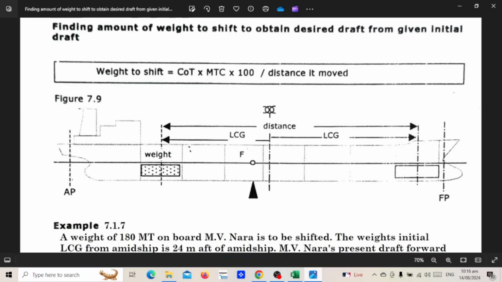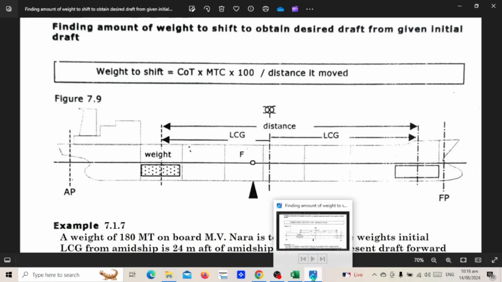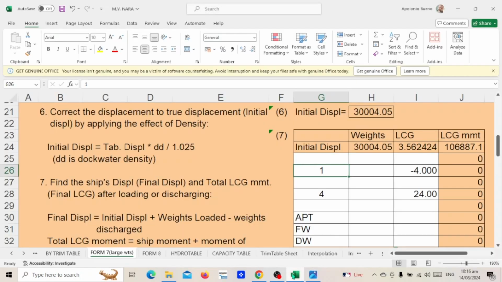24 means positive, okay? So we go to the program. So number 1, the LCG should be 24, that is positive, and the weight is 180, okay?